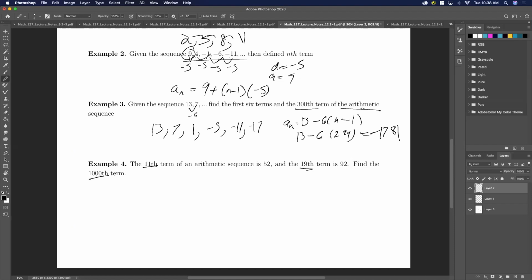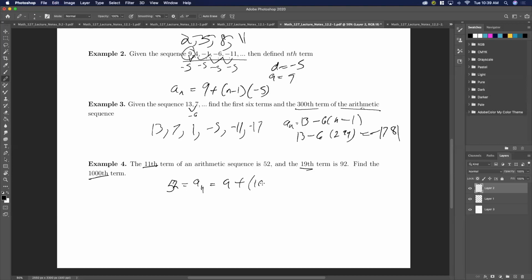So let's figure out what we have here. We know that 52 is equal to the 11th term, a_11, which is equal to some a plus (n minus 1) times some d.